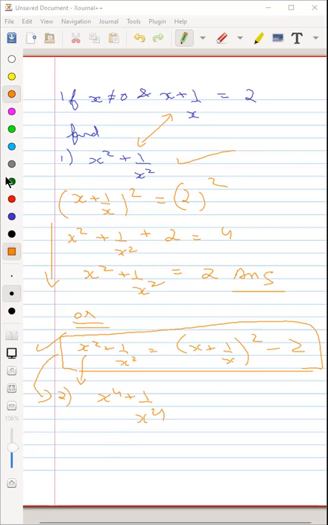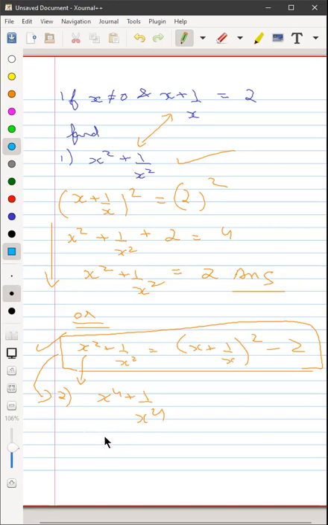Ananya, tell me, what do we do here? Yes, so x square plus 1 upon x square whole raised to the power of 2 is 2 squared. So x raised to the power of 4 plus 1 upon x raised to the power of 4 plus 2 is equal to 4.